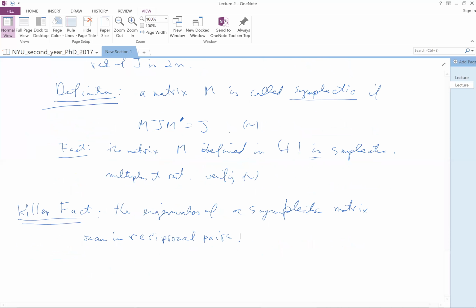And what that means is, i.e., if lambda is an eigenvalue, so is lambda inverse.